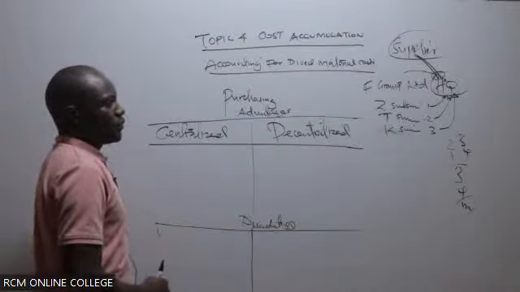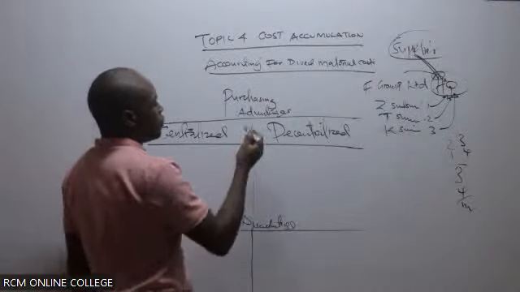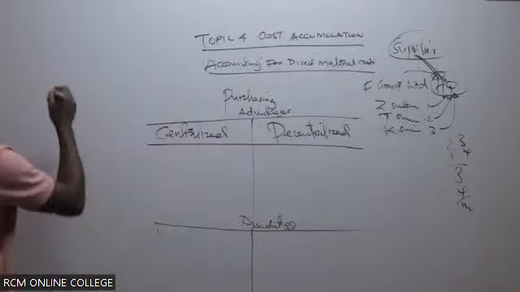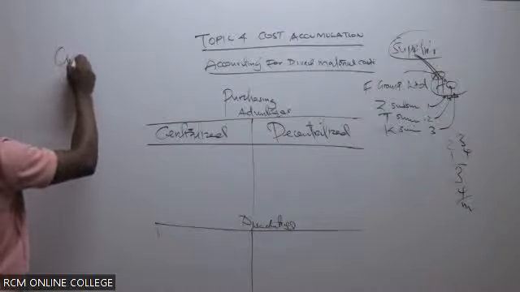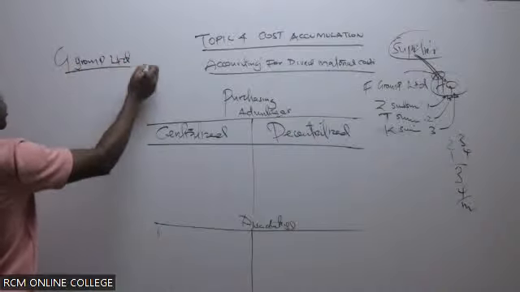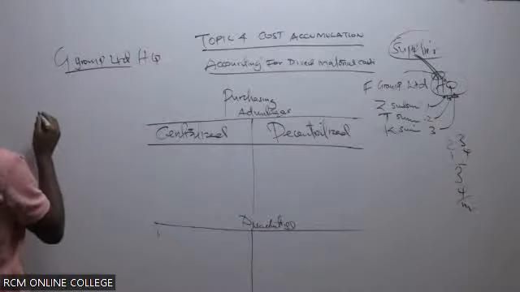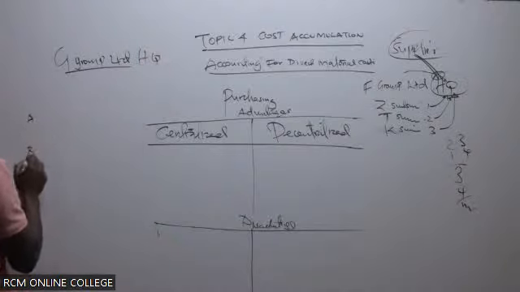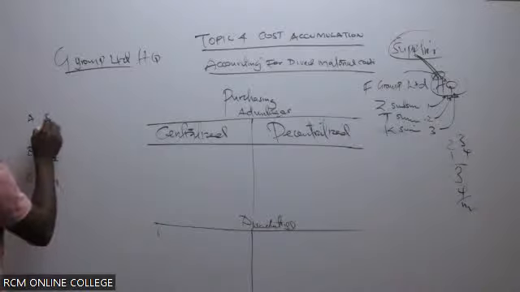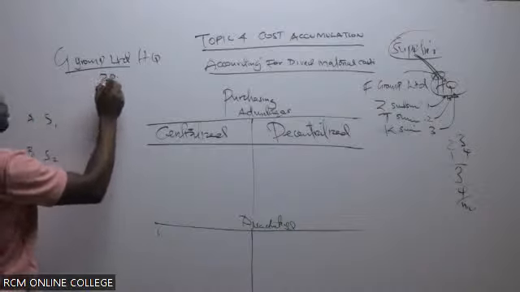Then another thing, that's one of the disadvantages of centralized. If I come to decentralized, we have G Group Limited. G Group Limited has got subsidiaries. So this is the headquarter. Has got subsidiary A, subsidiary B, subsidiary C. So headquarter has got 3 procurement officers.